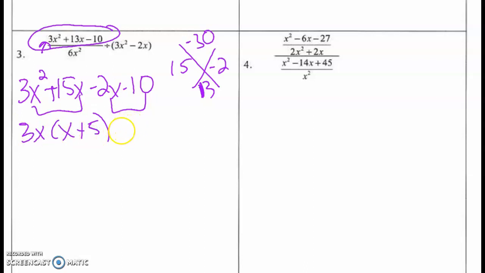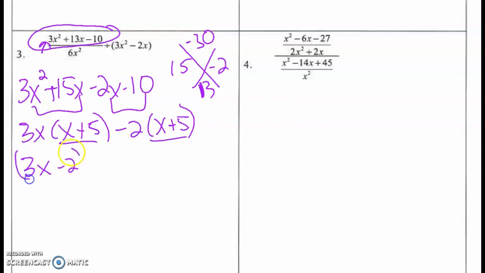And then over here, they have a negative 2 in common. So if I take out a negative 2, that's going to leave us with an x plus 5. So you can see we have a new greatest common factor.